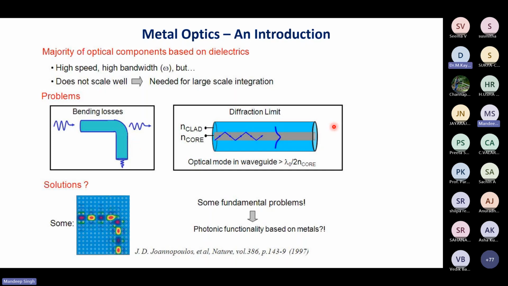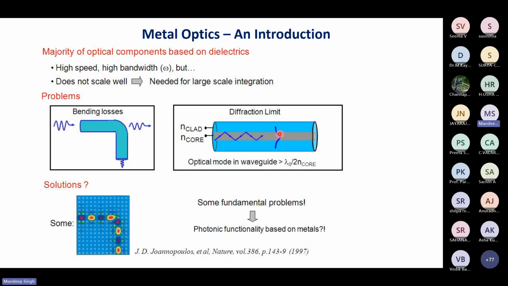The next issue is the diffraction limit. Whenever light falls on this optical fiber, using total internal reflection, a particular minimum optical mode size must be there for propagation. Roughly, I have drawn that the maximum strength is in the center, and then it decays exponentially.